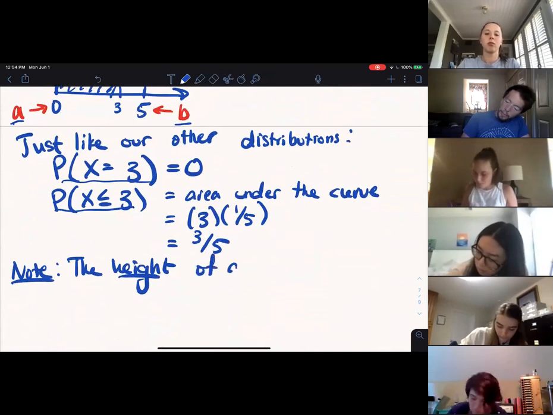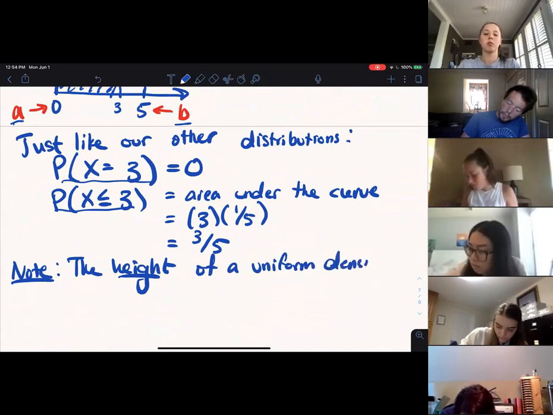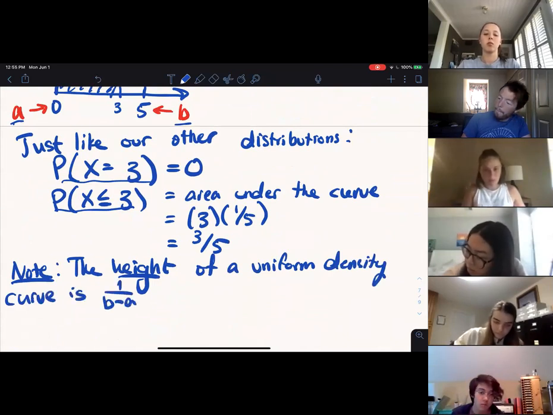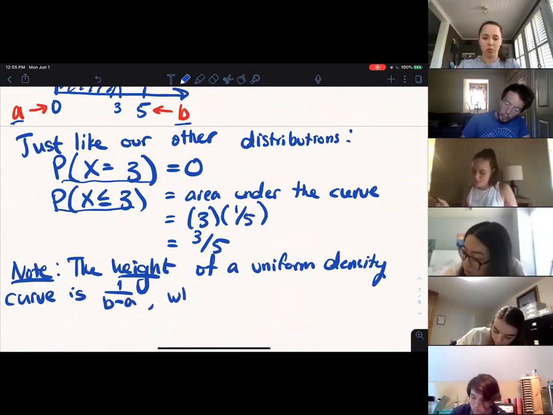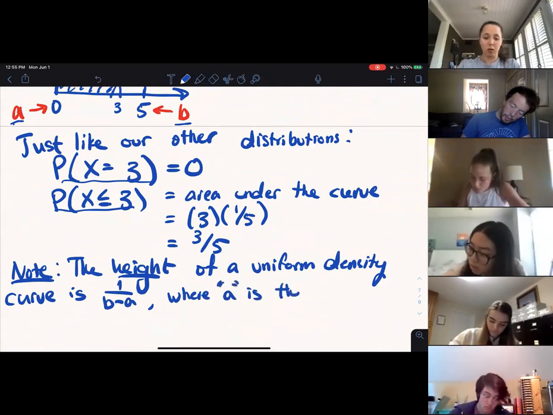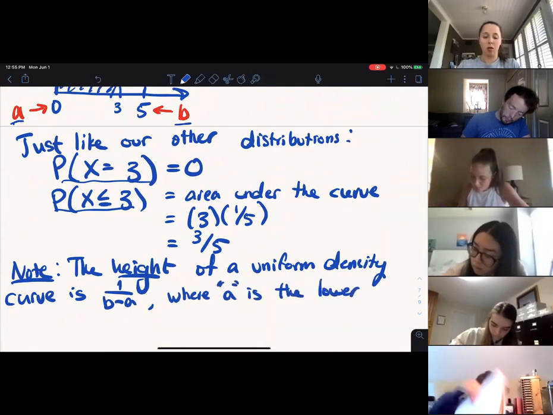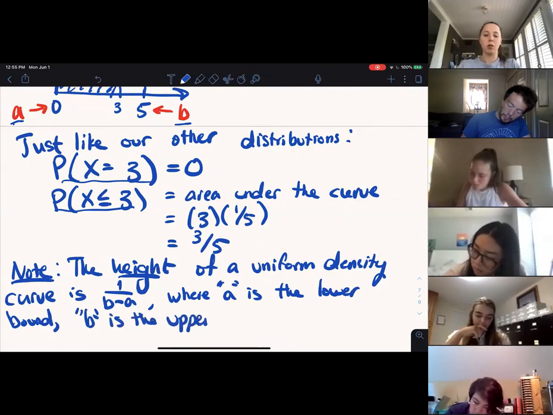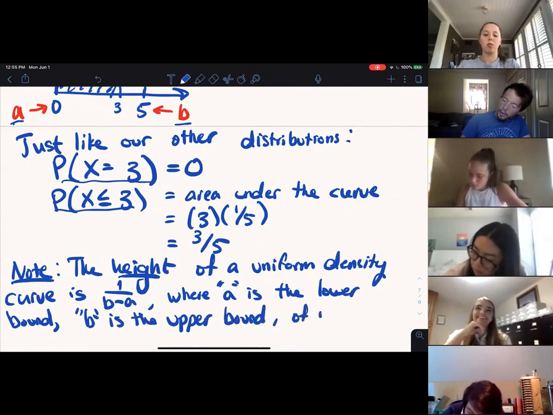So the height of a uniform density curve is 1 over b minus a, where a is the lower bound, b is the upper bound, of values we can observe.